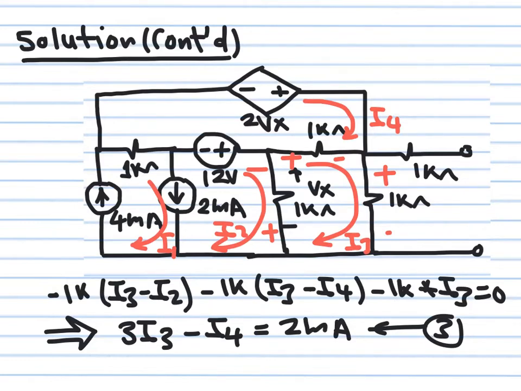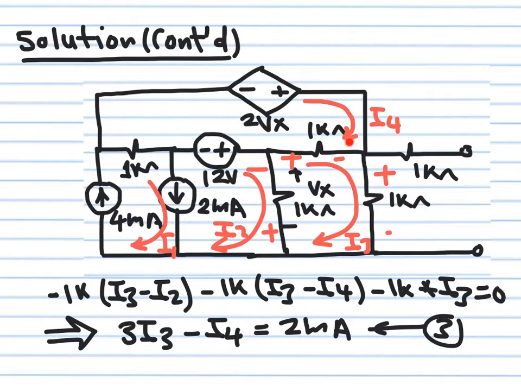Then I have to apply loop analysis in the fourth loop. And in the fourth loop there should be no problem because I have only voltage sources. As you can see, this is a voltage controlled voltage source and this is an independent voltage source. So again, we're going to go this way and then we'll sum all the drops. And if you remember, I take the drops to be positive in the direction of the current.